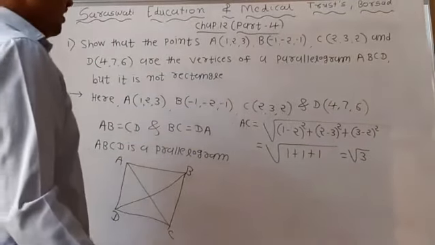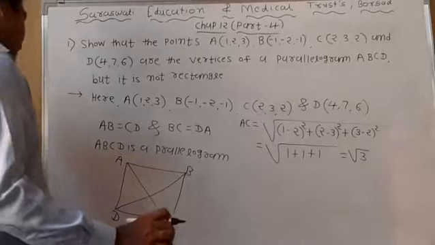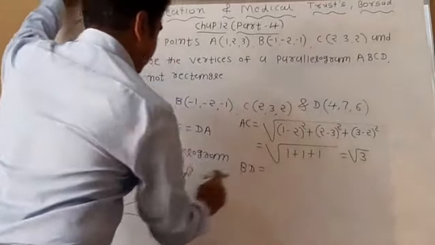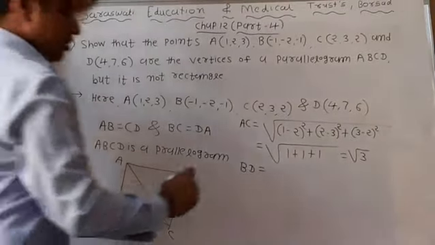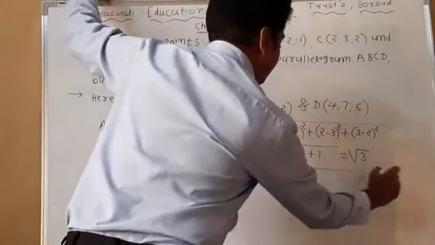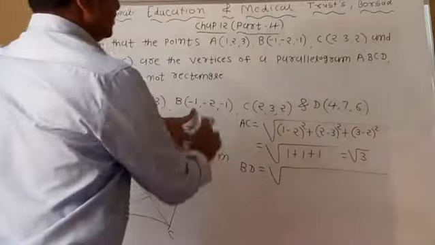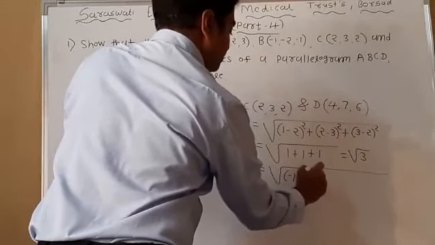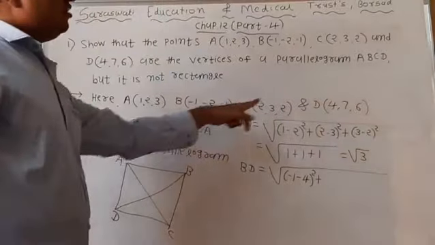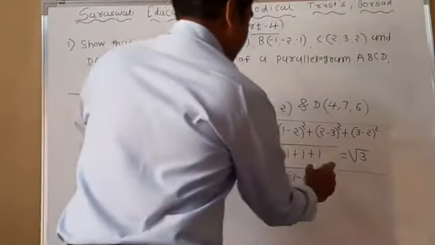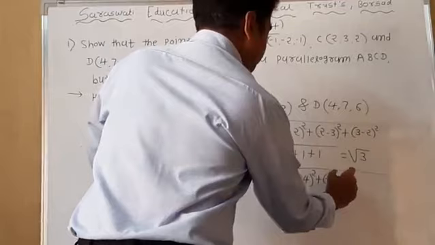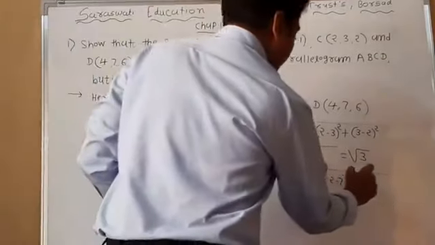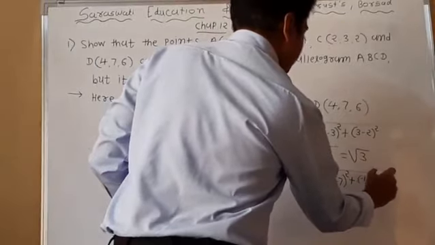Now let's find out BD. Again using the distance formula, BD is equal to under root (minus 1 minus 4) whole square plus (minus 2 minus 7) whole square plus (minus 1 minus 6) whole square.